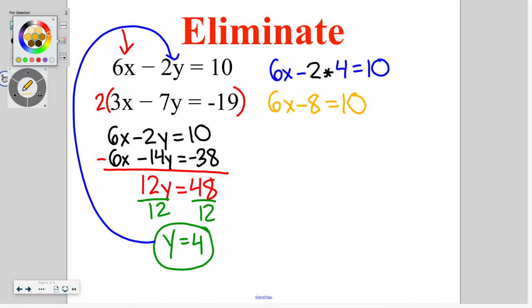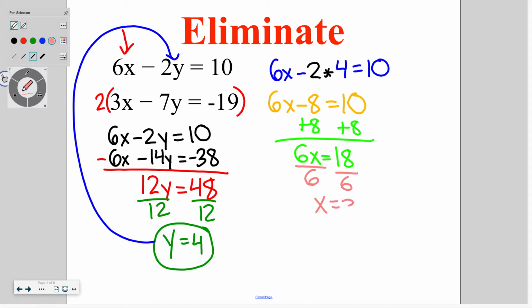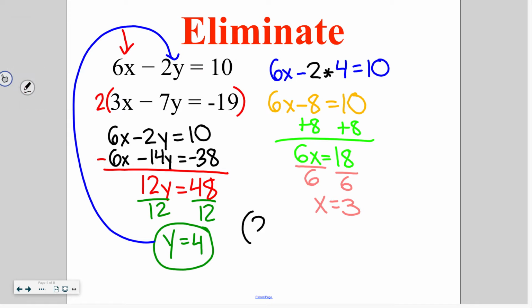I'm going to go ahead and add 8 to both sides, giving me 6x is equal to 18, and then I need to divide both sides by 6, giving me an answer of x is equal to 3. So I've got a final answer of 3, 4. So our extra step here today is making sure that we have something to match up to eliminate.